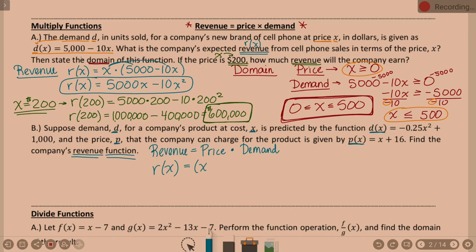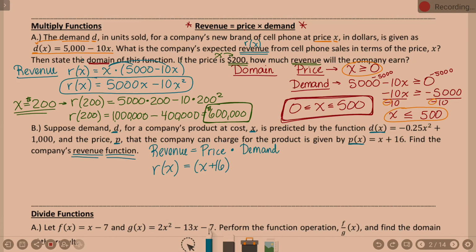Times demand. Well, that would make a difference here in a moment, wouldn't it? Sorry. Did I say 16 though? Yeah. Okay. X plus 16 for price. What about demand? Negative 0.25 X squared plus 1,000.